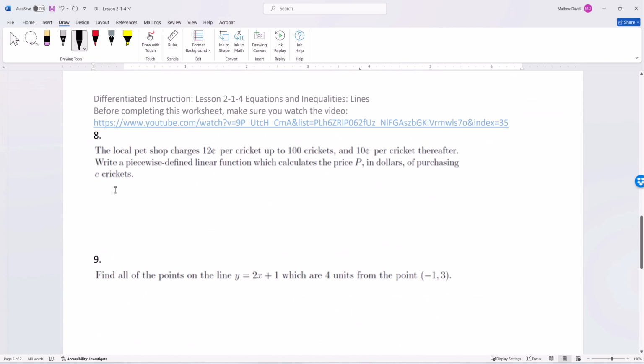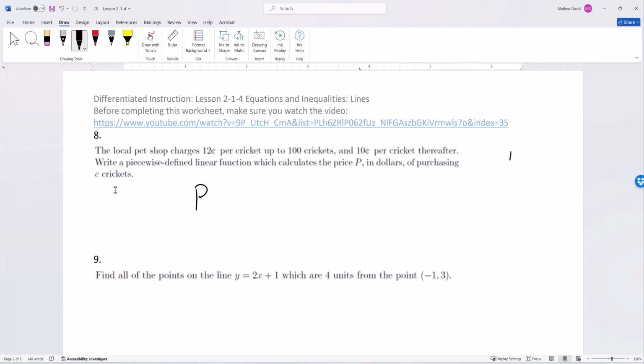The local pet shop charges 12 cents per cricket up to 100 crickets, and 10 cents per cricket thereafter. Write a piecewise defined linear function that calculates the price P in dollars of purchasing C crickets. Okay, so just for notes, it's saying that up to 100 crickets.